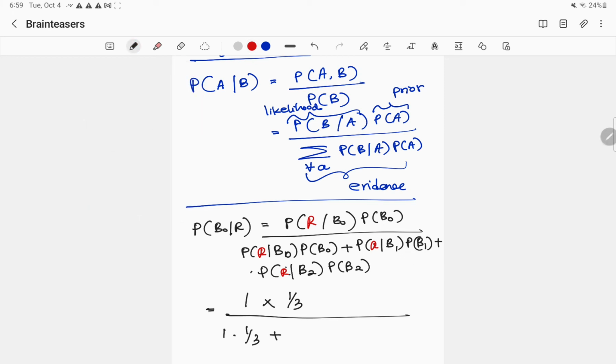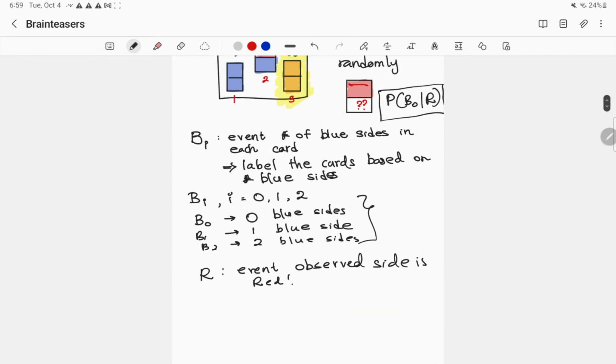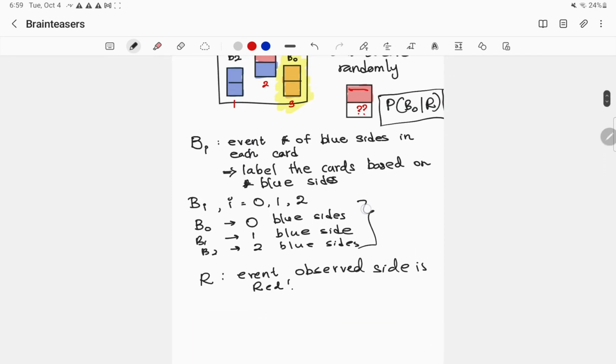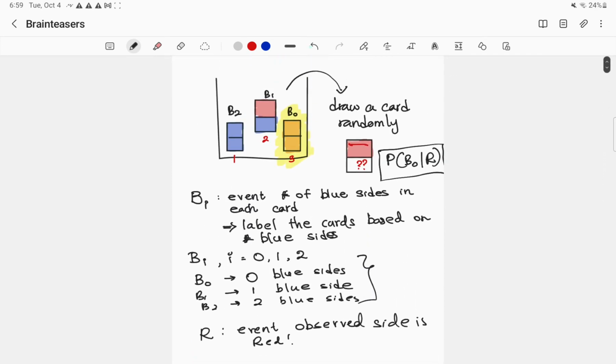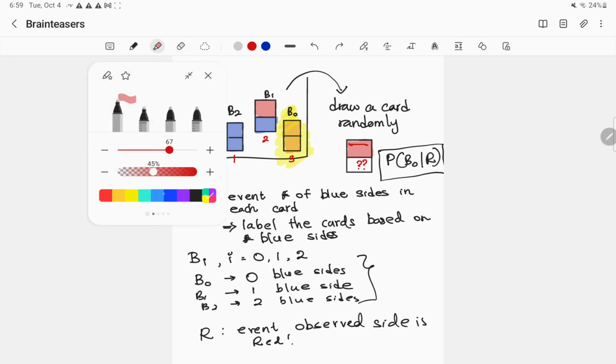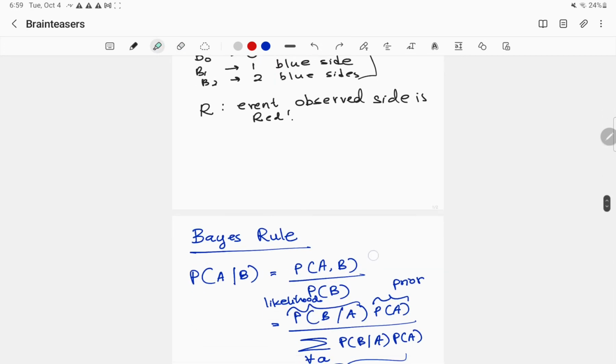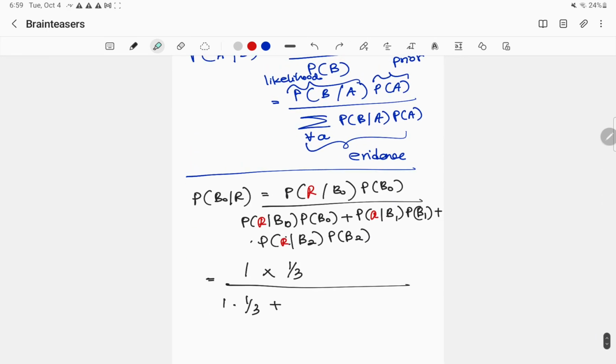What we want to find is the probability of red given B1. So, let's go to here. Knowing that one side is blue, what is the probability of having red on the other side?